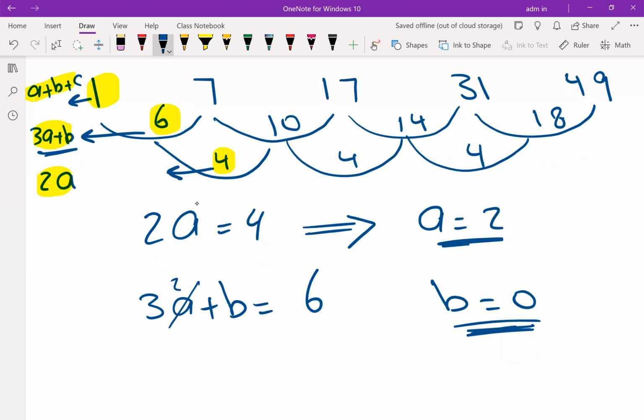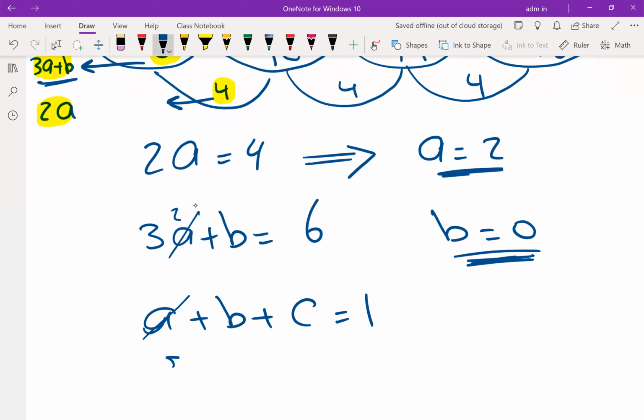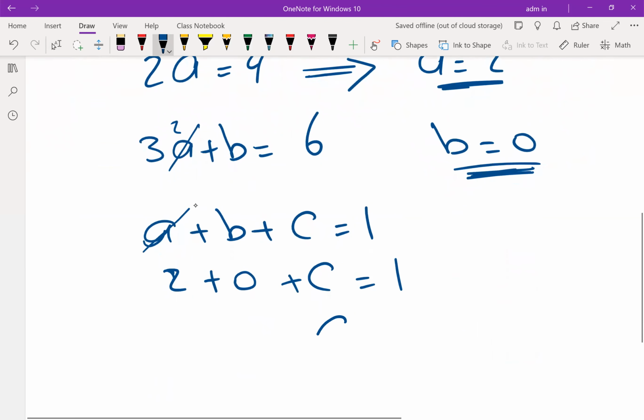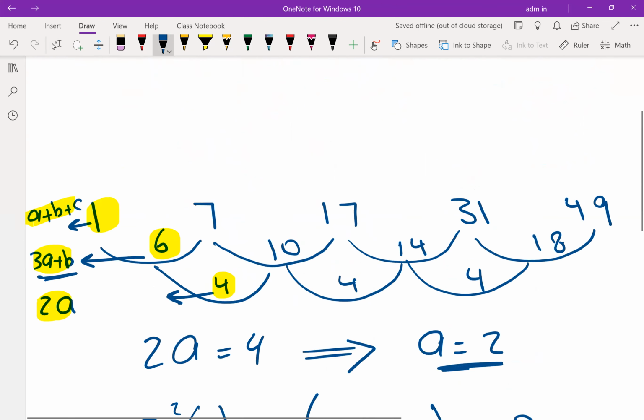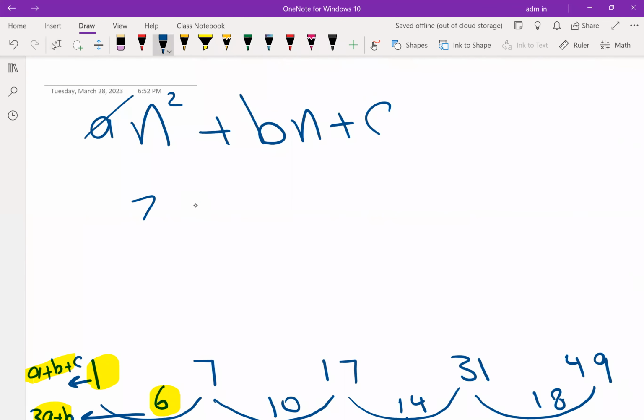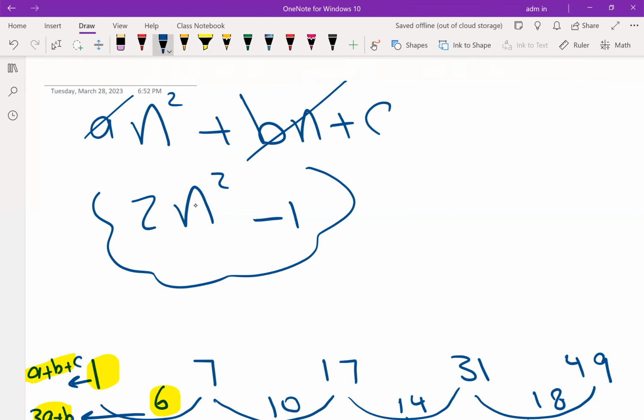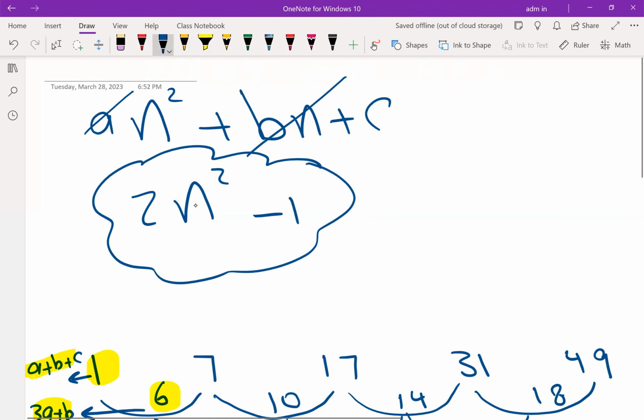The third equation, a plus b plus c equals 1. a is 2, b is 0, plus c equals 1. So c equals what? -1. The final answer: a is 2, so 2n squared, plus bn is 0, c is -1, the same answer.